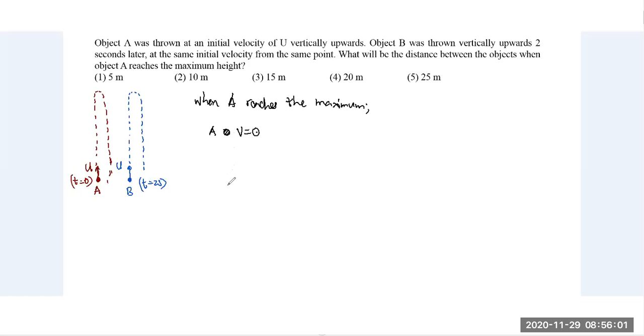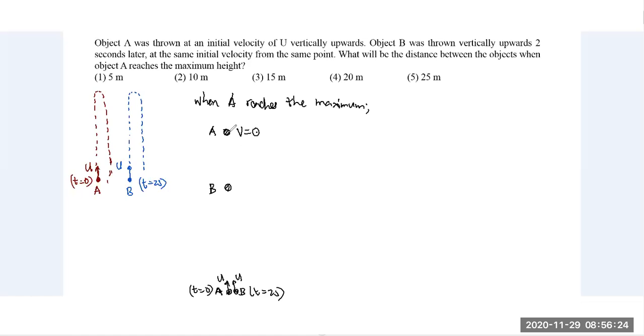And B will be behind A, definitely. Both started here, A and B, at the initial velocity of u. But the difference is A started when time is equal to 0 on the clock. B started when time is equal to 2 seconds on the clock.